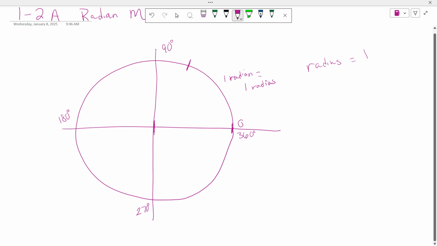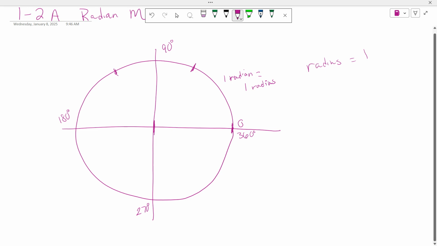The radian, 1 radian, is about right here. Now if I go around again, right about there. There's 2 radians.